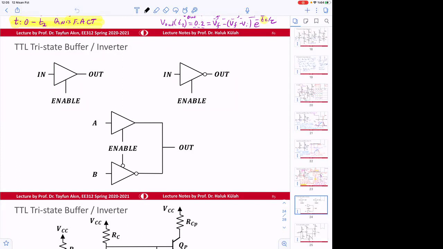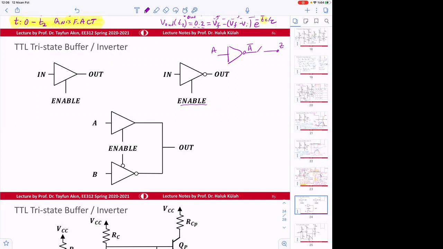So the enable input is going to give us an element as if we have, let's say this enable with the inverter is effectively acting like this. Let's say this is A, this gives us A bar, and then this is Z output.